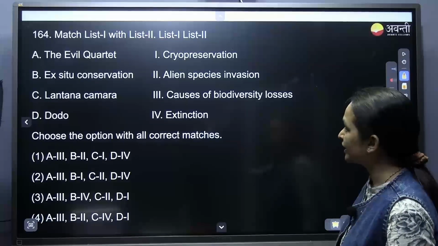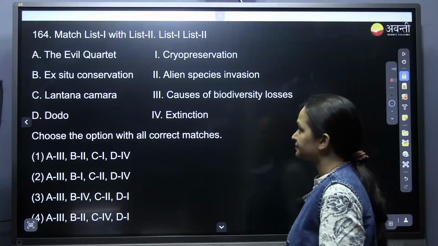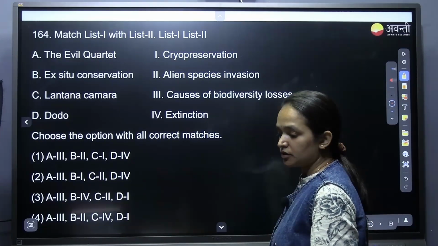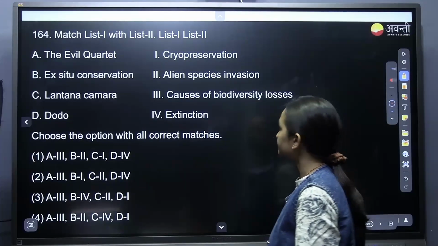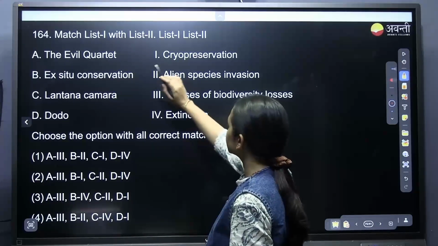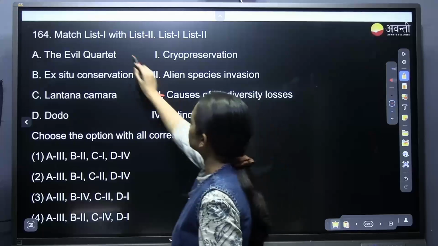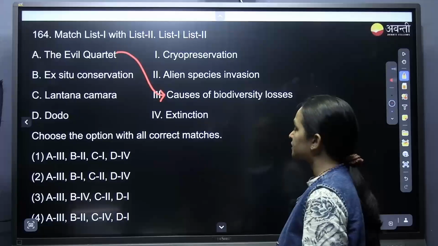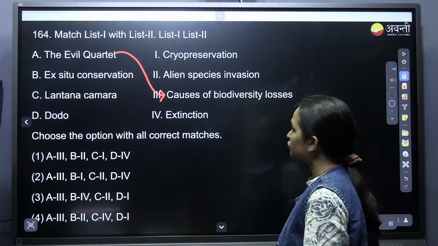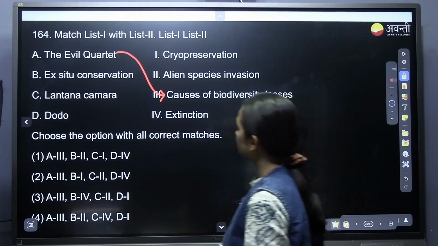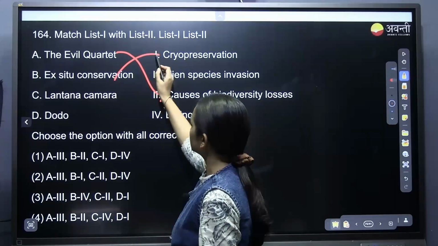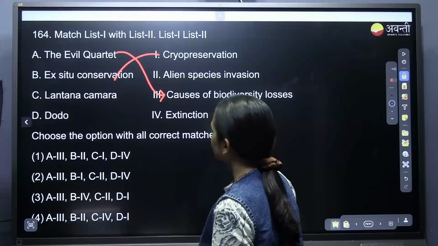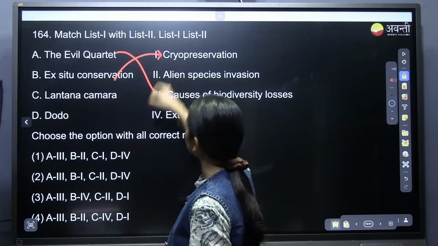Match list 1 and 2. Cause of biodiversity losses. Ex situ conservation, cryopreservation, yes.